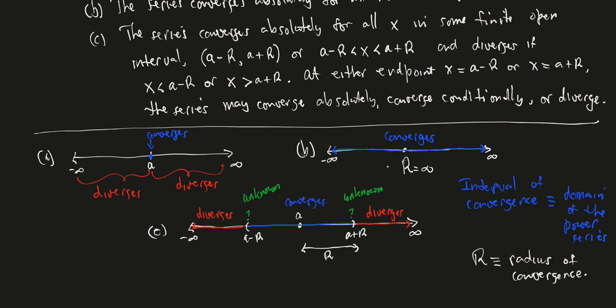So it also applies to part B, and it also applies to part A. If the power series only converges at the center and for no other values of x, then that radius is 0. So over here, your radius of convergence is 0. Whereas in this case, your R is some finite number. It's nice that in a power series there are only 3 possibilities.